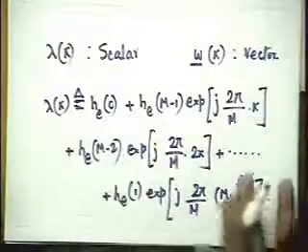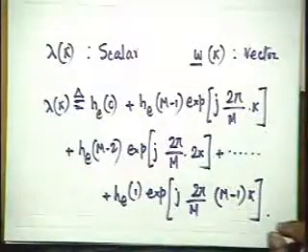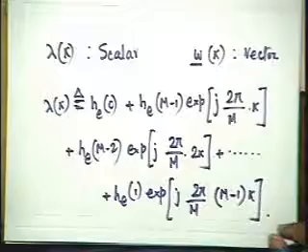Yes, speak out. Discrete Fourier transform of what? Discrete Fourier transform of the H function. The discrete Fourier transform of the H function is clearly being written here, and that becomes the eigenvalue. The kth eigenvalue becomes the discrete Fourier transform of the HE function, the extended H function.